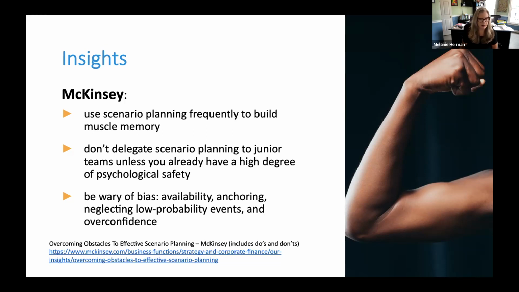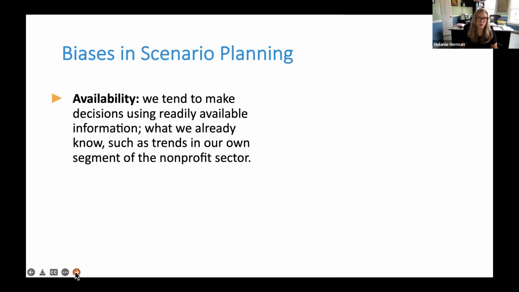So I do want to talk about these biases that get in the way of effective scenario planning exercises. So the first one is the availability bias. The availability bias leads us to make decisions based on what we already know, right? Things that we already know about our agency or about our part of the nonprofit sector. We reach for things that are available instead of making an effort to go outside our current knowledge base, right?